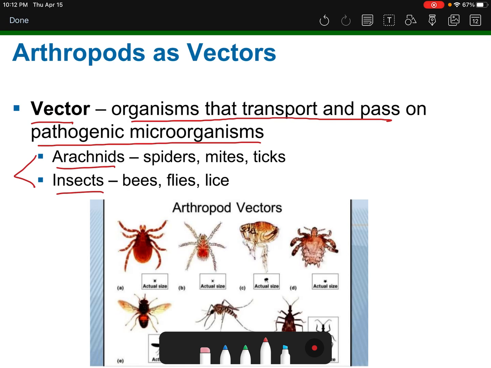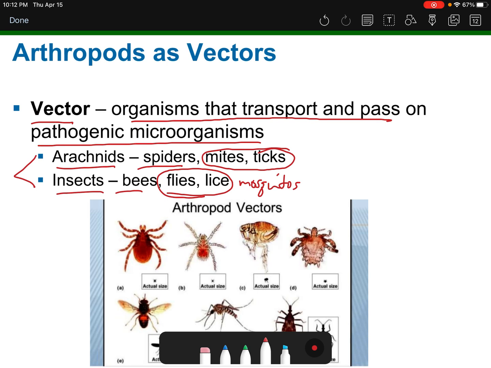So arachnids include spiders, but these right here are probably the main ones that pass on some of these parasitic infections, your mites and your ticks. Insects include things like bees, flies, and lice. Flies and lice are probably the main ones that pass on. Things like mosquitoes belong in this one too.